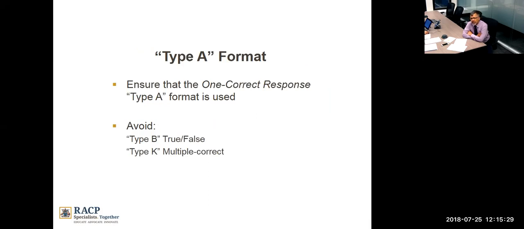We don't want to use that mental gymnastics, and that adds irrelevant difficulty. It shouldn't be a test of how well you can logic out the question and think it through, but rather whether they can identify the correct response. Okay? So type A questions are good. Types B, K and others aren't good. At the Royal College, we also use type R questions, but we'll talk about that in another presentation. Next, please.